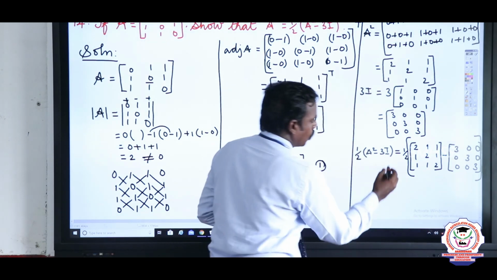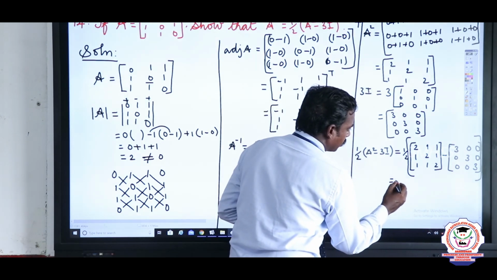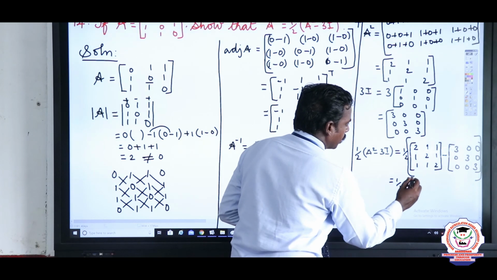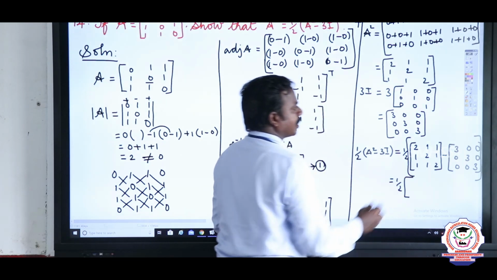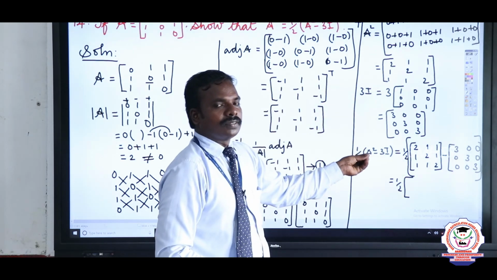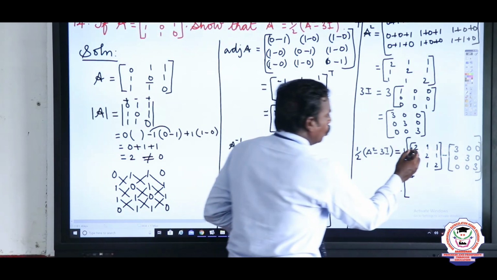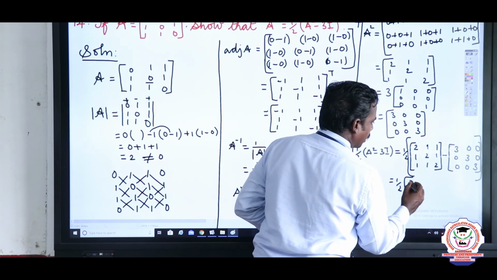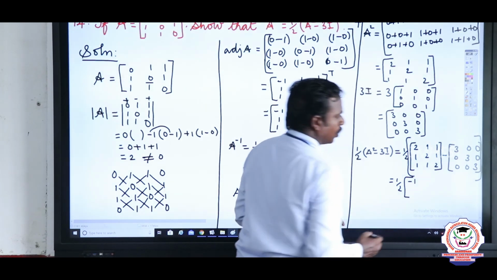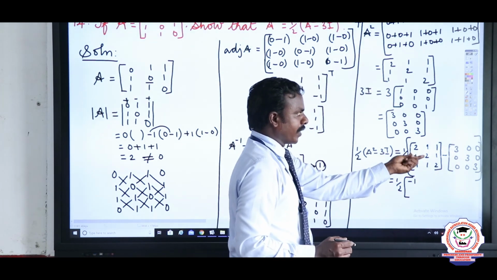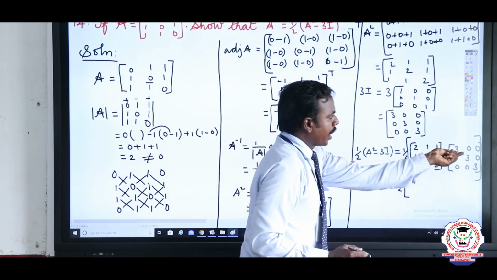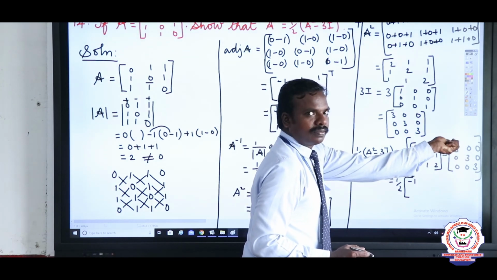Listen to this. So already in the outside 1 by 2 is there, 1 by 2 into, now you subtract, because they given in the subtraction. So subtraction very simple. So we need to subtract the corresponding elements. Listen, 2 minus 3 is what? Minus 1. So first row, first element of the first matrix minus the next matrix first element.